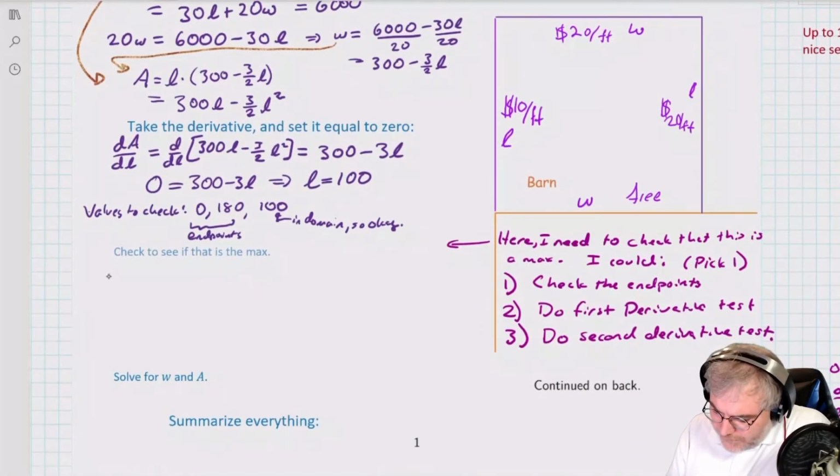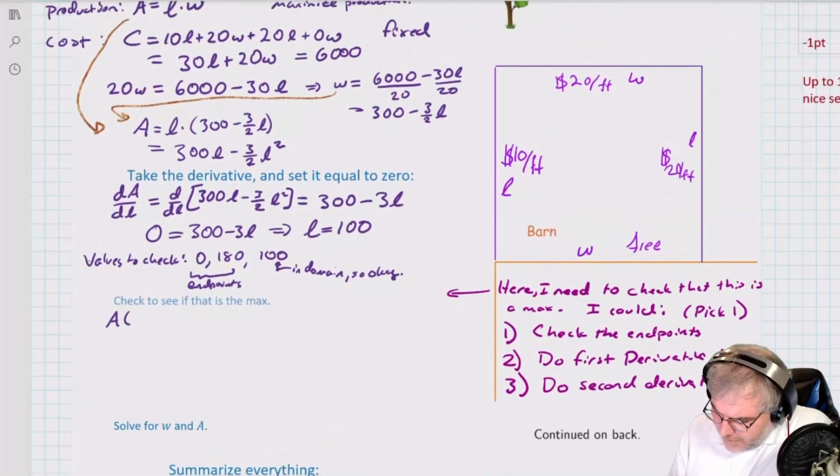That's my thought. So A, the area, so I'm going to use this function right here, and I'm going to say A of 0 equals 0. So L equals 0, right? That's not going to be anything.